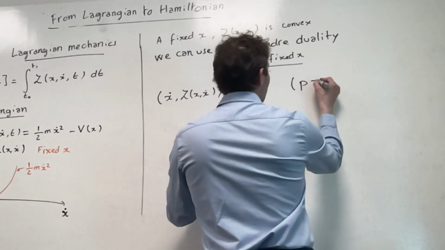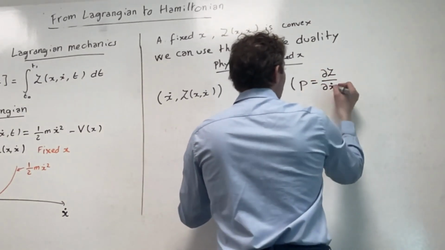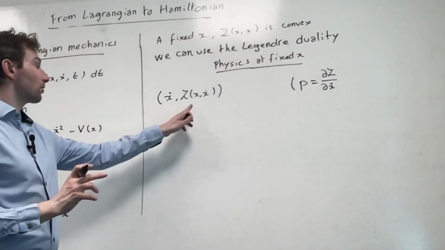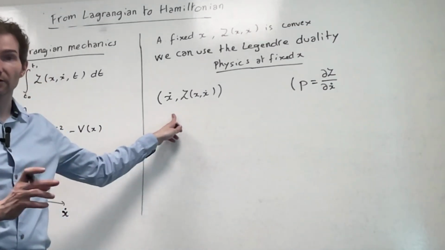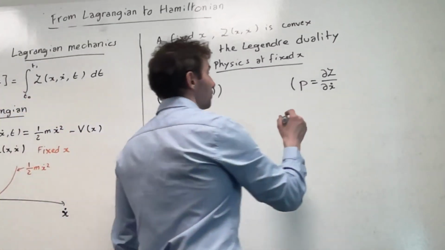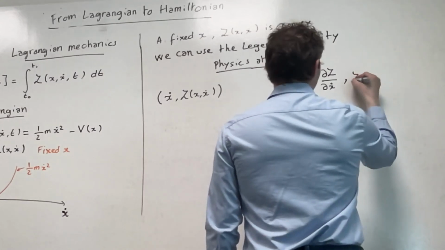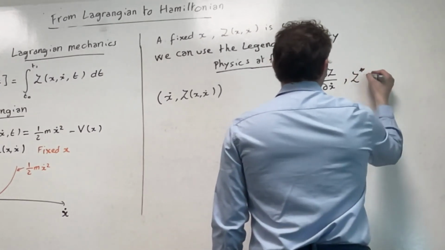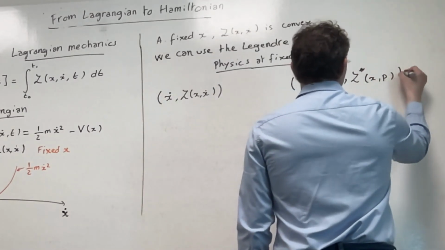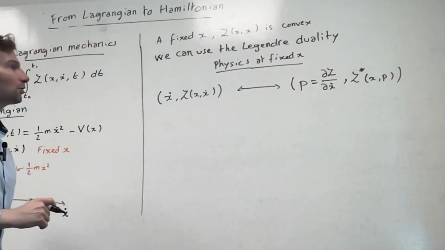And so P here is actually dL/dx dot, because you want to have the slope of the function L with respect to x dot, exactly like what we did in the Legendre transformation video. And then you want to return what I'm going to call for now L star of x and p. Okay? So that's what you want.